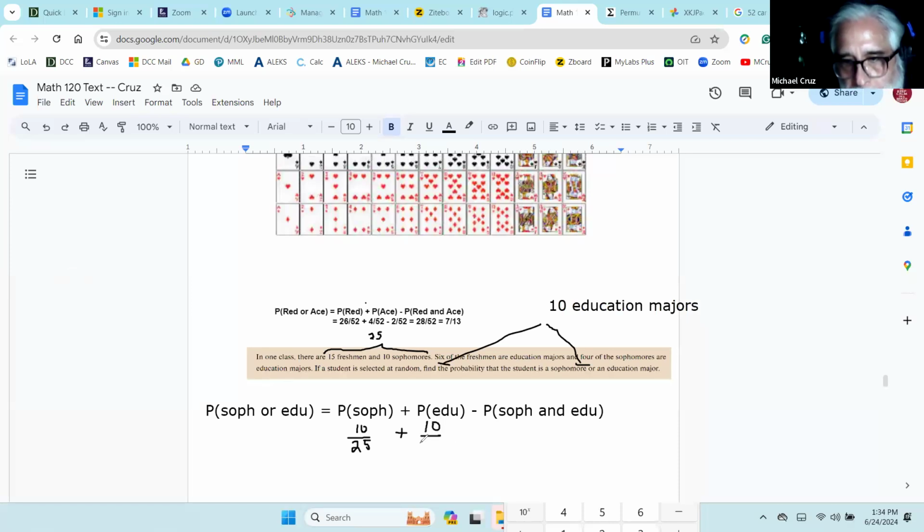They both happen to be 10. And then how many are both sophomore and education? Well, there's 4 of them. 4 sophomores are education majors. So then this 20 minus 4 is 16 over 25.